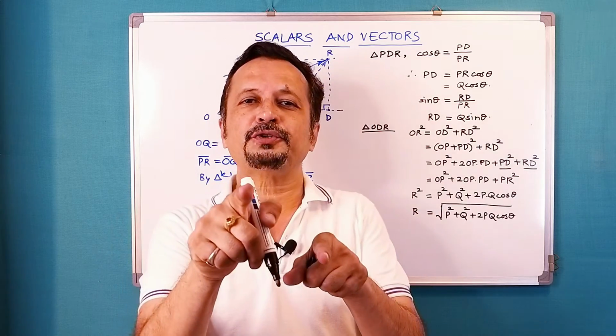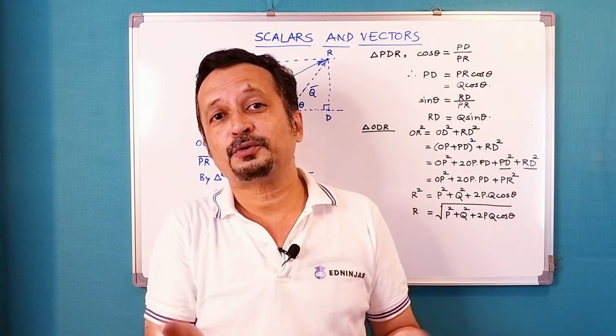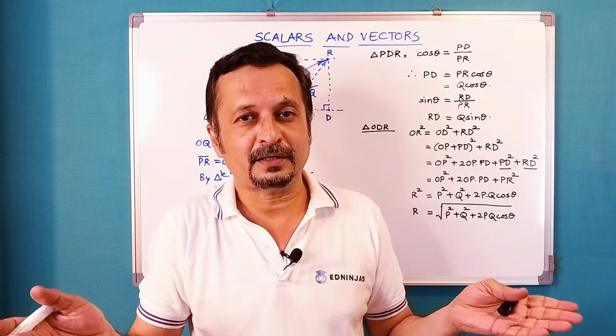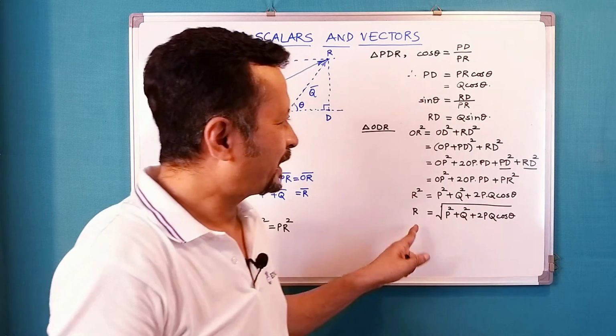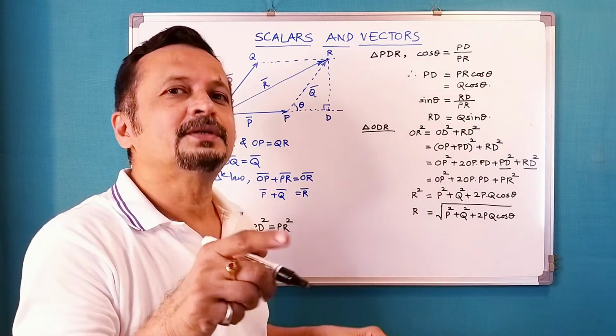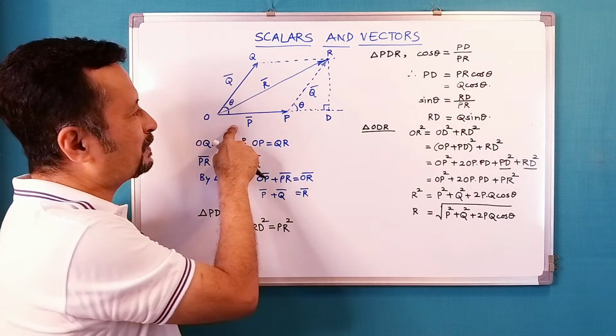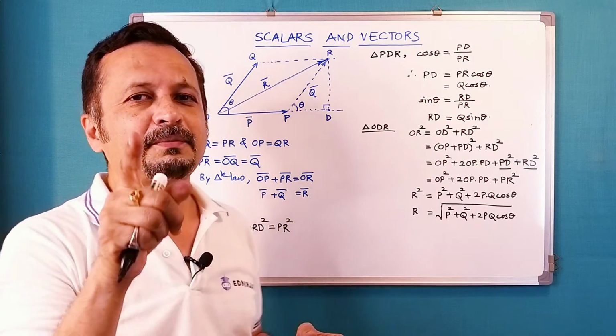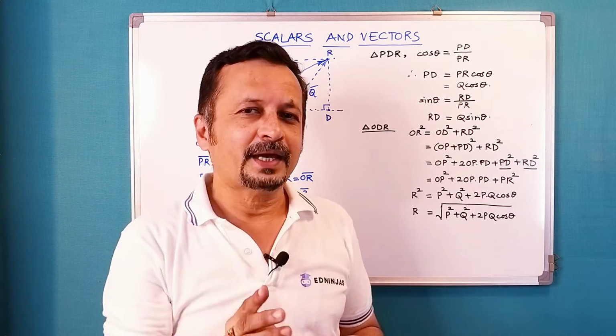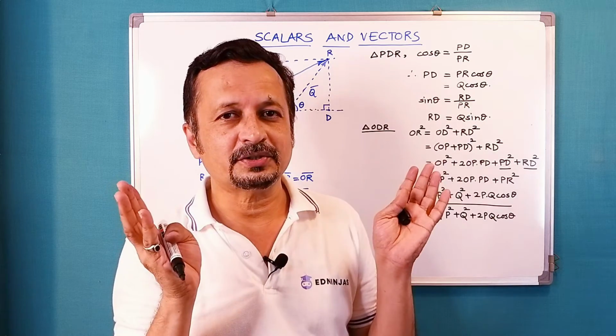I know the magnitude of P, I know the magnitude of Q, I know the angle between them, so I know the cosine of that angle, isn't it? So I can get the resultant of these two vectors P bar and Q bar, which start from the same point O and make an angle theta with each other.